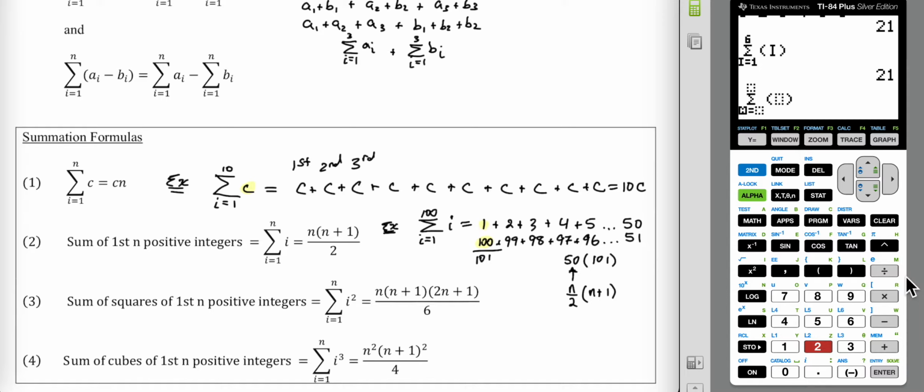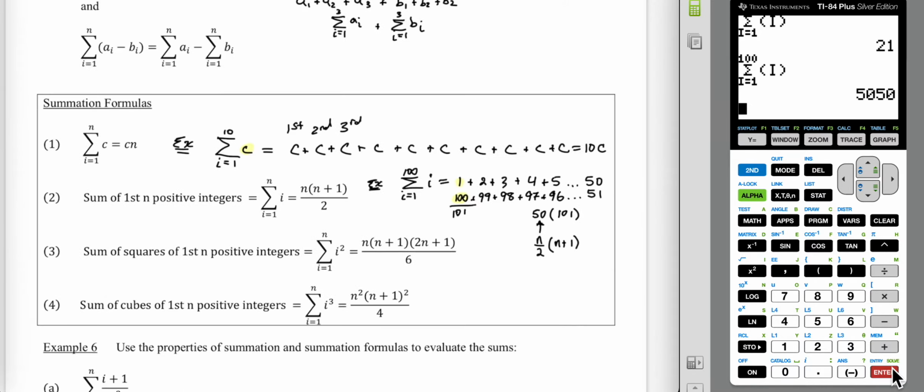You're going to pop in some index, doesn't matter what it is, except you don't want a lowercase i, because honestly, I've never tried it with a lowercase i. I just always assumed that it wouldn't work because it's the imaginary unit i. So I go with something else, like a capital I. 1 to 100, put in the I, and you get your 5,050, which is what you would get if you take 50 and multiply it by 101.